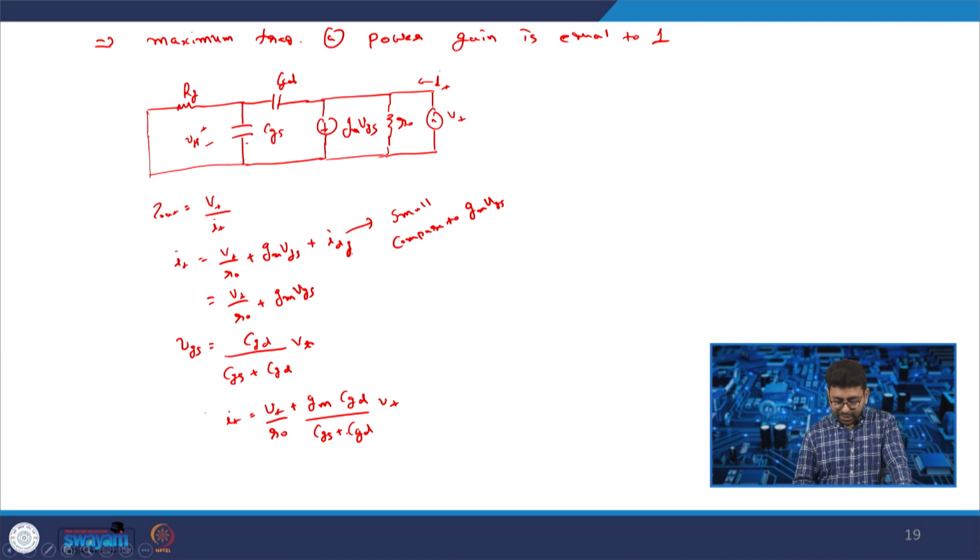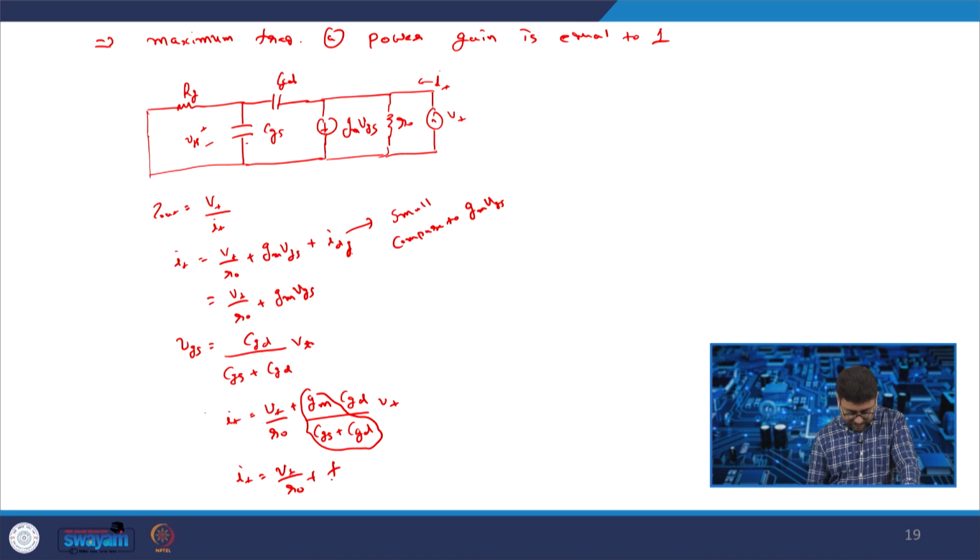We have already derived one term, Gm by CGS plus CGD, that is omega t. So, we can write IT which is equal to VT by RO plus omega t into CGD into VT.